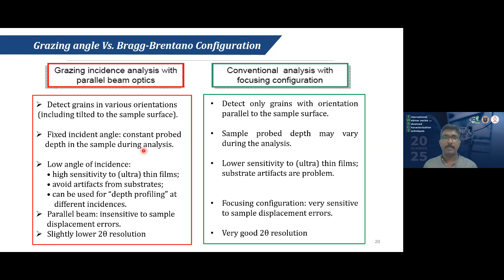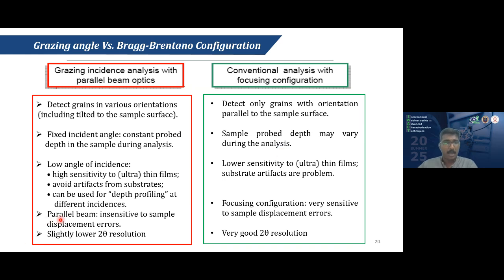throughout the analysis, whereas in conventional XRD, the probed length may vary during the analysis since the angle of incidence changes. Grazing incidence has high sensitivity to ultrathin films, avoids artifacts from the substrates, and can be used for depth profiling at different angles of incidence, whereas in conventional theta to 2 theta geometry, we could not do any of this.